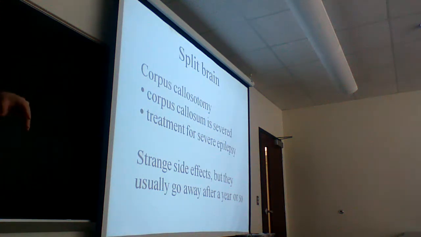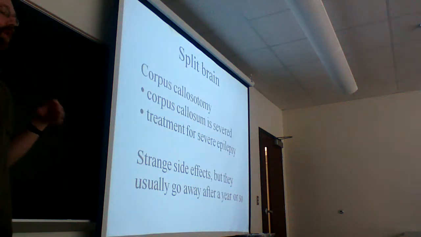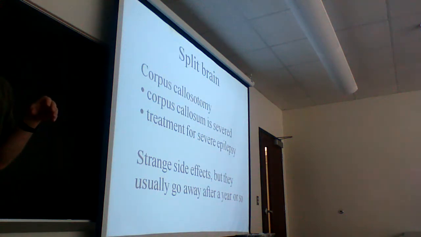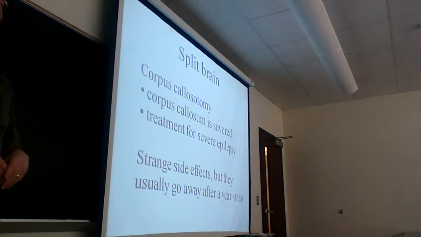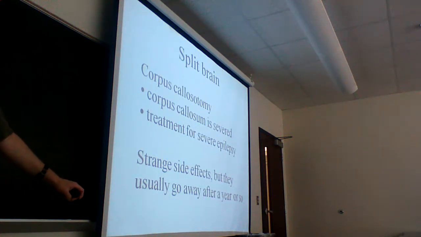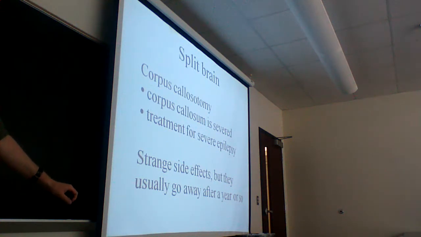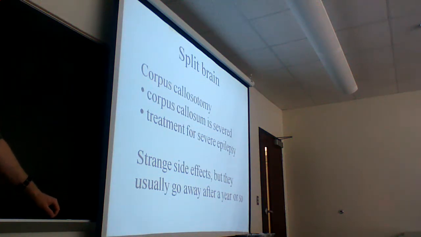And so in people who have a recent corpus callosotomy, if you have them look away or close their eyes and you hand them something in their left hand, they'll know what it is based on the sensations, but they will not be able to articulate it. They won't be able to give the name for what it is that they are holding.